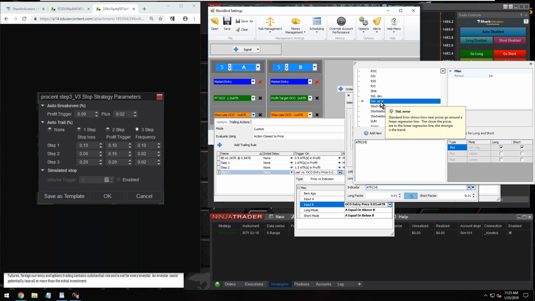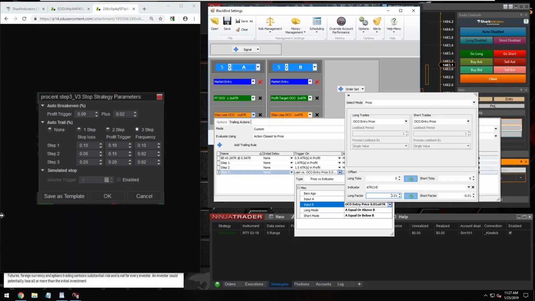Well, that's specific to the linear regression, but standard error is also a distance, not a price. Oh, I see what you're getting at there, Theodore. You're constantly adjusting the percentage based on the current market price, so I would think that would work.